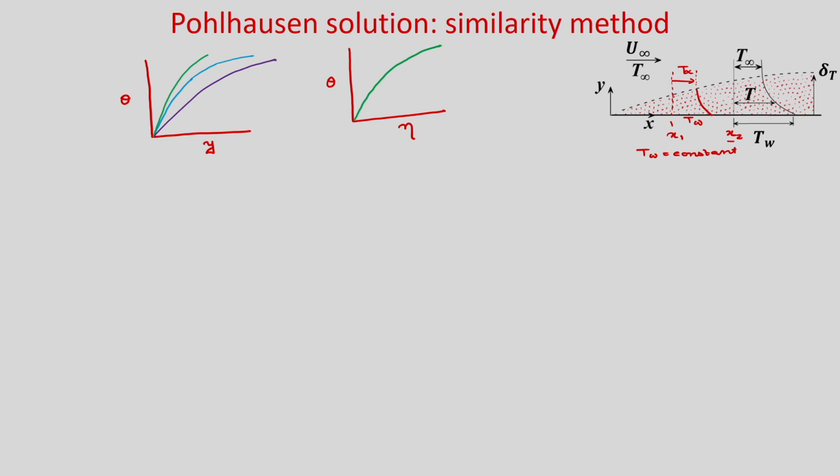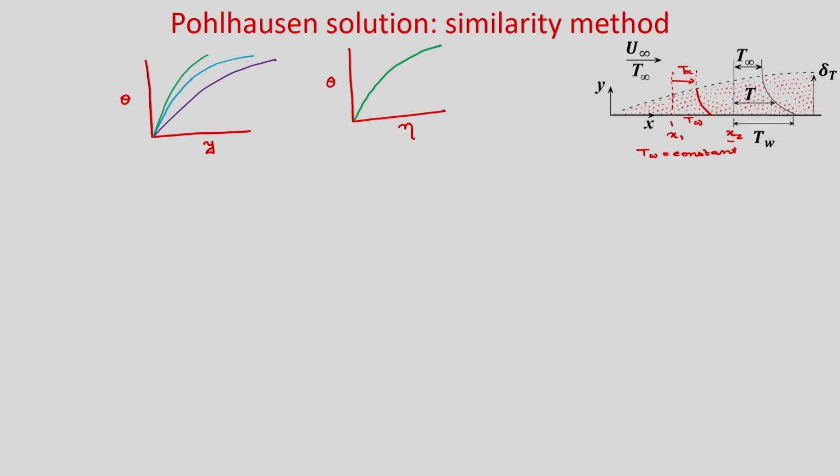So, let us start with the similarity variable eta we derived in the earlier class, and we will assume that theta is a function of eta only, because you can see it might fall on the same profile. Using the similarity method, if we can convert this partial differential equation to an ordinary differential equation, that means your similarity solution exists.